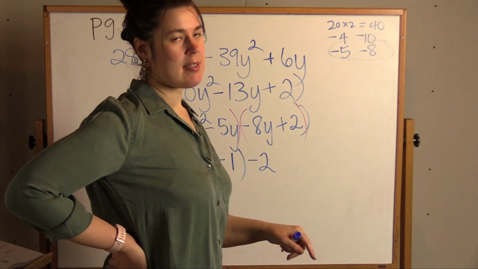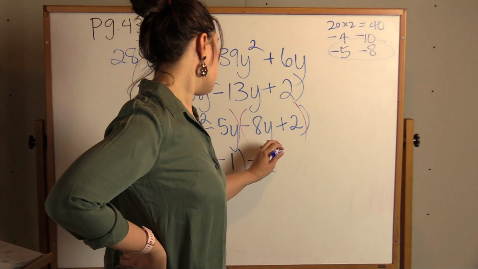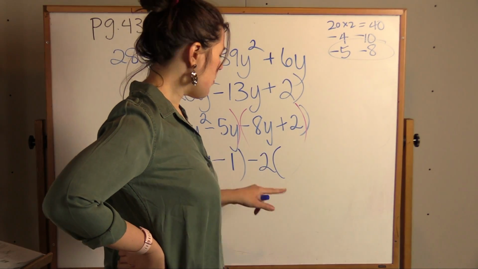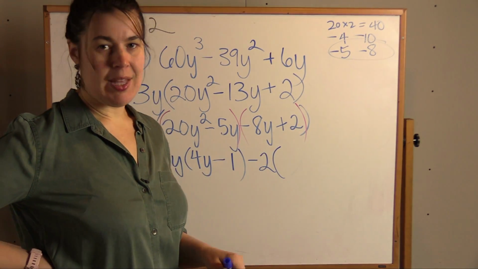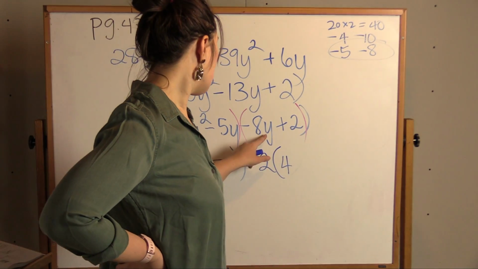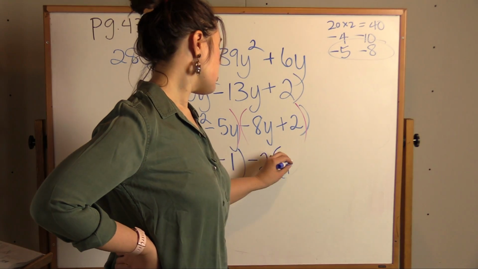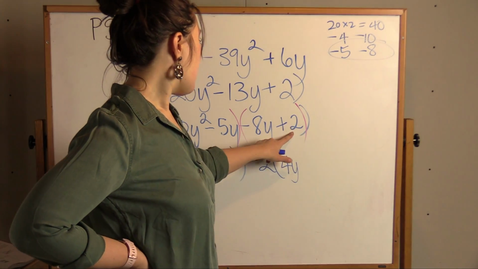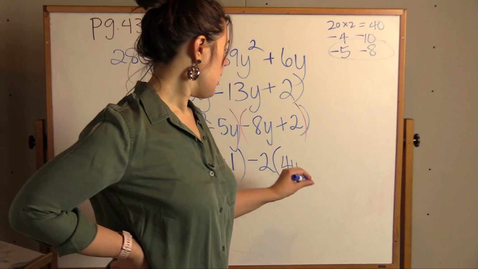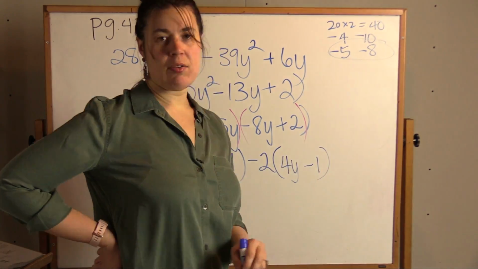This is a y, this doesn't have a y, so that's all I can factor out. So what I'm going to do is negative 8 divided by negative 2. That gives me positive 4. Y is still there. Positive 2 divided by negative 2 is negative 1.